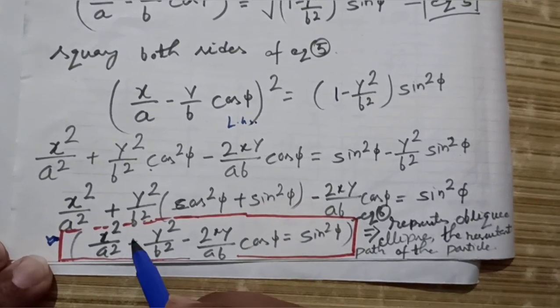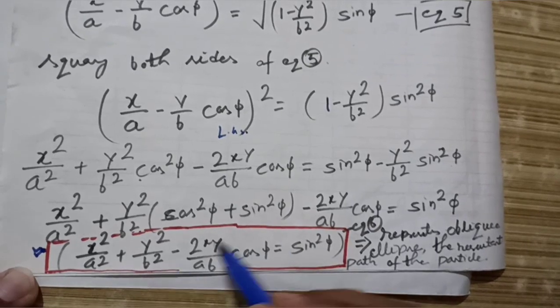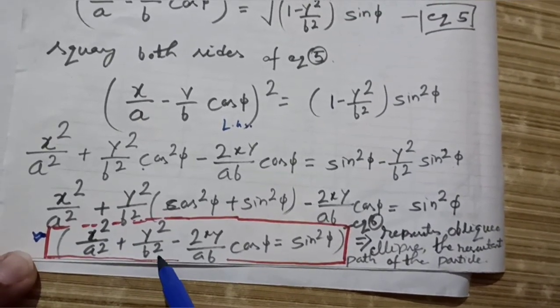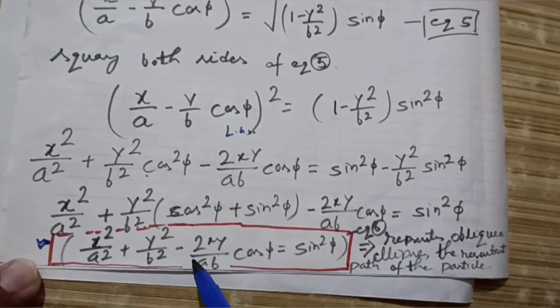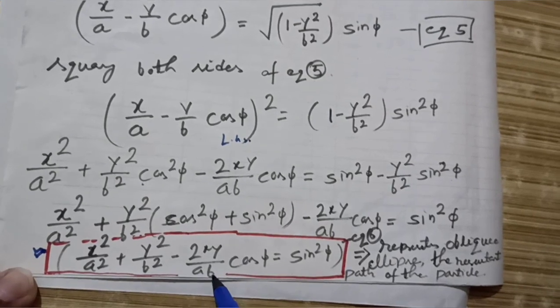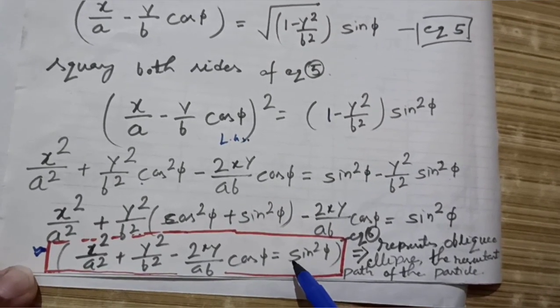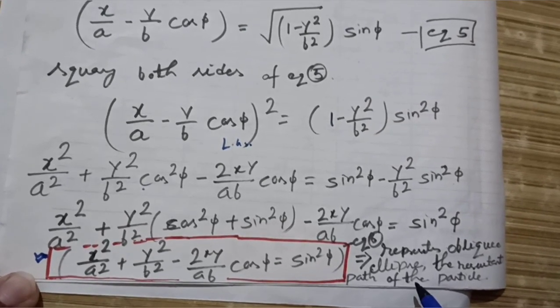It represents the oblique ellipse because of this term; a perfect ellipse would be x square upon a square plus y square upon b square equals 1. And this is an oblique ellipse because of this factor, minus 2xy upon ab cos phi. This equation tells us about the resultant path of the Lissajous figure or path of the particle.